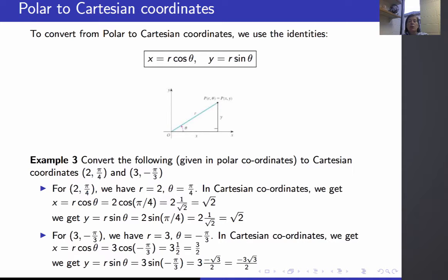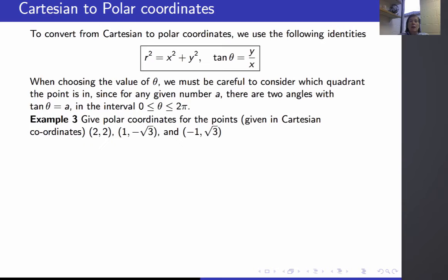So this point, in polar coordinates, is given as 3, minus pi over 3, and in Cartesian coordinates it becomes x equals 3 over 2, y equals minus 3 times the square root of 3 over 2.